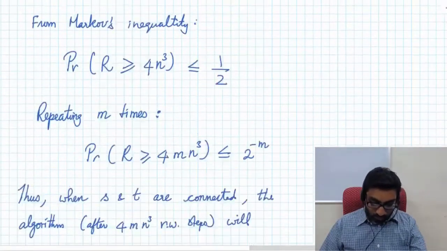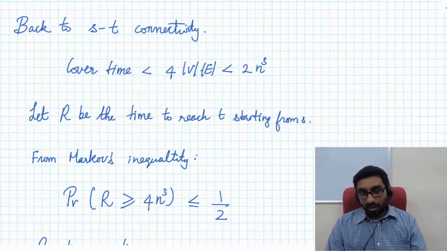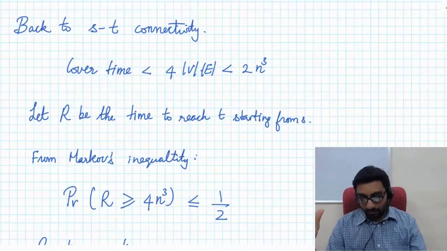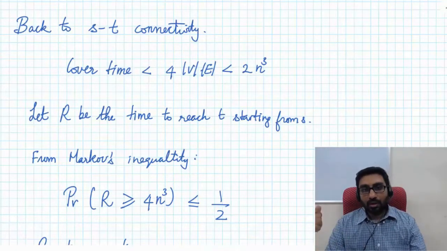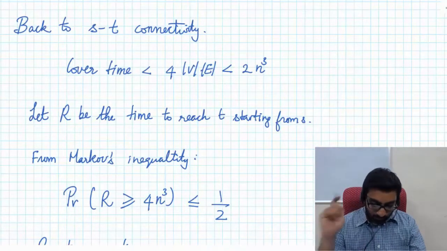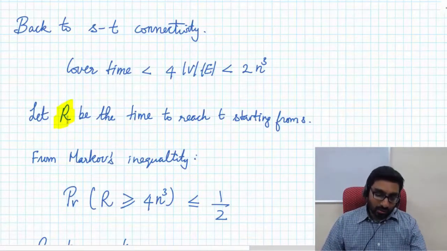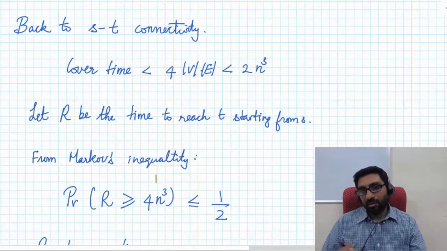So back to ST connectivity. We know the cover time is at most 4VE. Okay, and that's at most 2n cubed, because the cardinality of the edge set is less than n squared by 2. Well, let's use r, the random variable r, to denote the time to reach t starting from s. Remember the algorithm?